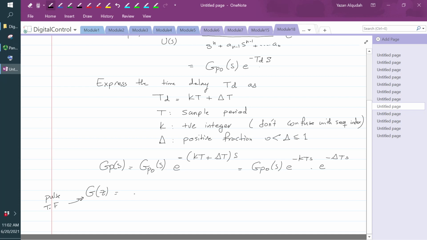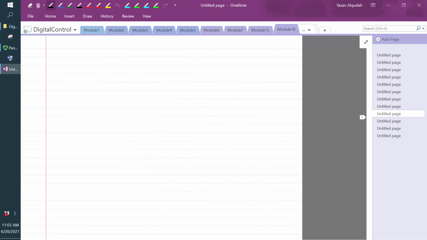This is going to equal 1 minus Z to negative 1 multiplied by the Z transform of GP of S divided by S. And this is going to equal 1 minus Z to negative 1 times the Z transform of e to negative K multiplied by T multiplied by S, GP0 of S divided by S, and then this term e to negative delta multiplied by T multiplied by S. So we just plug in what GP of S divided by S is in this expression and put each one of these multiplied by each other.